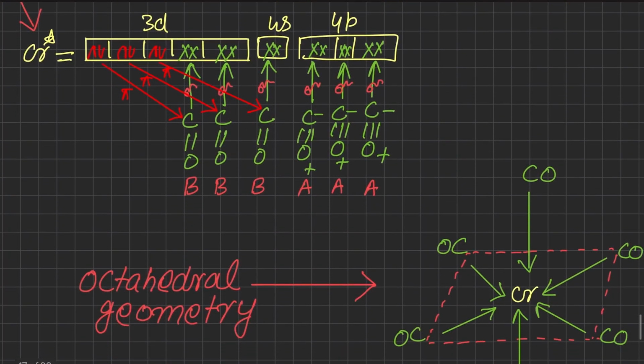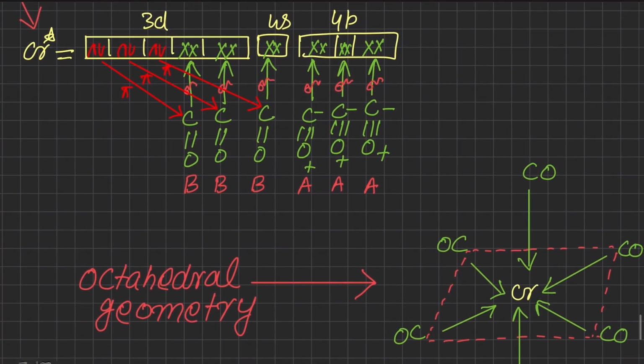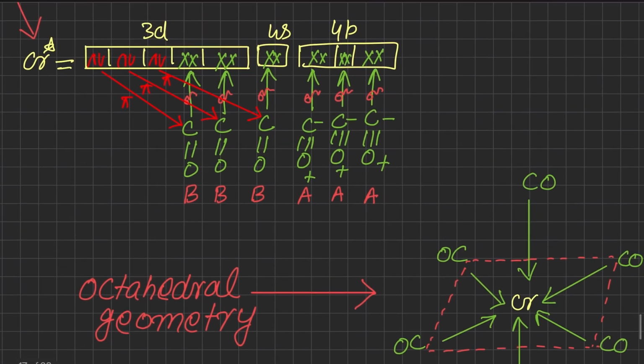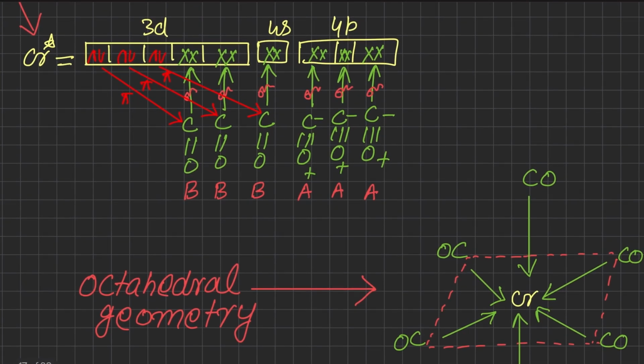So how can we show this back bonding in the valence bond theory diagram? As there are a total of 6 carbonyls attached, and that is an even number, 3 carbonyls will undergo back bonding, or be in B form, whereas 3 carbonyls, or half of the carbonyls, will be in A form.